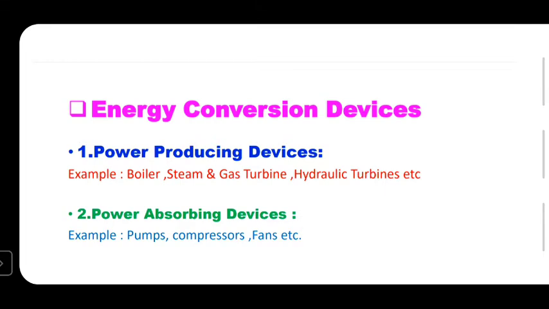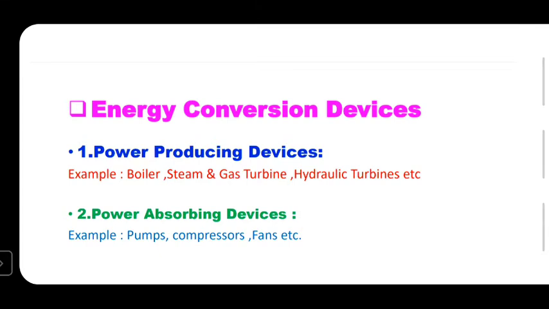Now we have to discuss power producing devices: boiler, steam turbine, gas turbine, hydraulic turbine. IC engines are also one of the power producing devices where we are getting mechanical power. In unit number 3 and 4 there is a topic, IC engine and its parts, which we will discuss in detail in unit number 3.